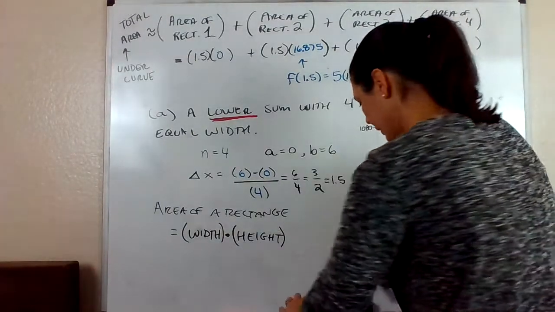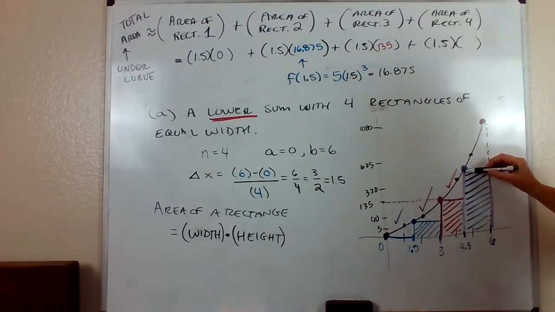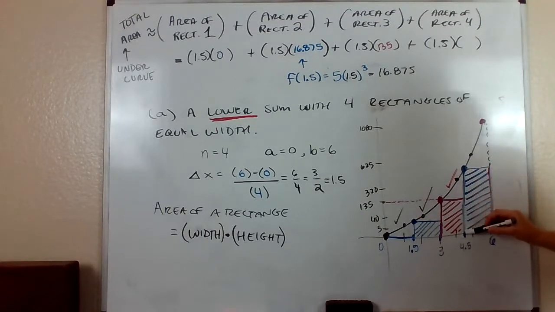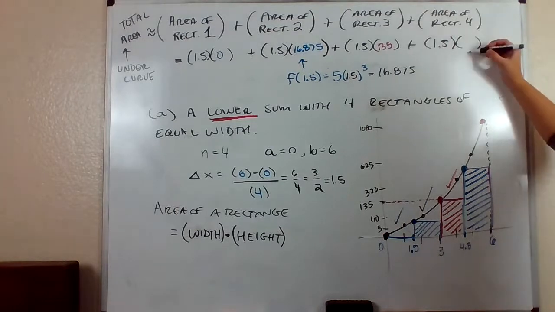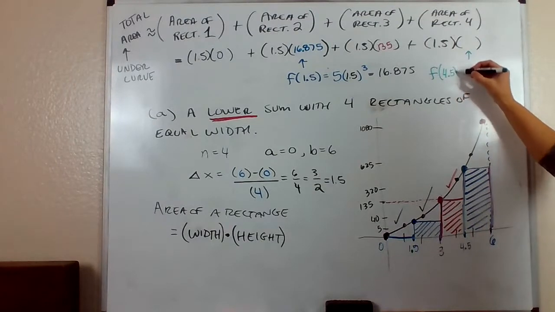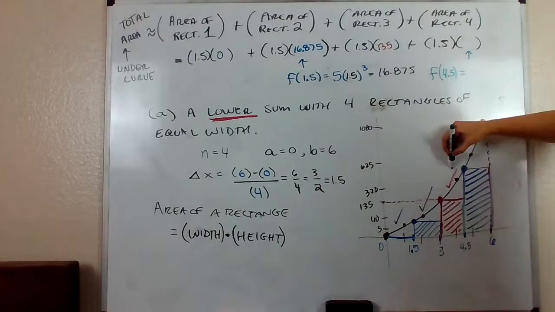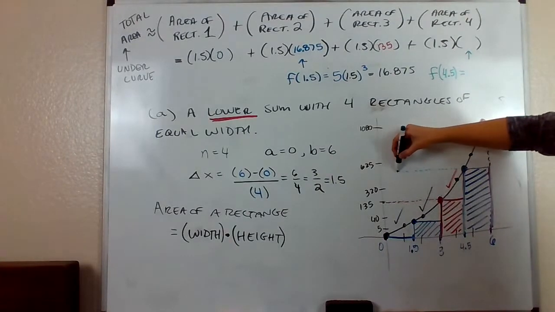Last of our 4 rectangles. Let's do this one in green. The 4th rectangle here, its height happens right here. And if you go down, that happens when x is 4.5. So this number is going to be what we get from plugging in 4.5. That's how we get that corresponding y value, because if I go across, I never found that yet.